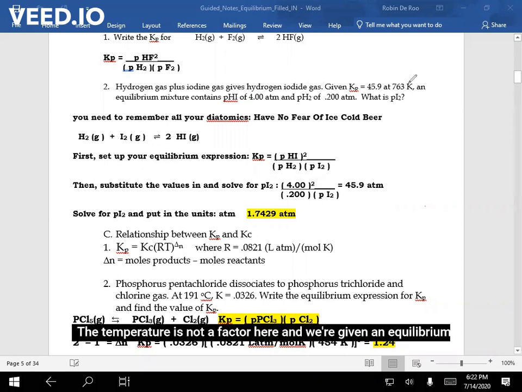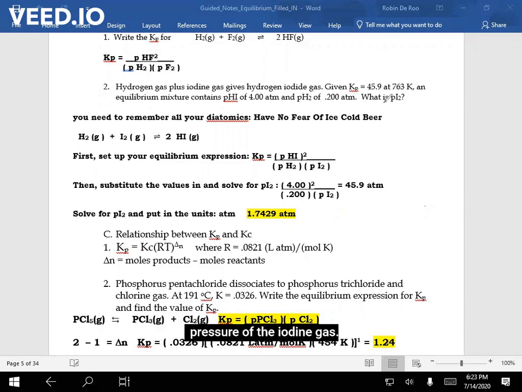The temperature is not a factor here. And we're given an equilibrium mixture contains a partial pressure of hydrogen iodide of 4 atmospheres, a partial pressure of hydrogen gas of 0.2 atmospheres, and we're asked to solve for the partial pressure of the iodine gas.